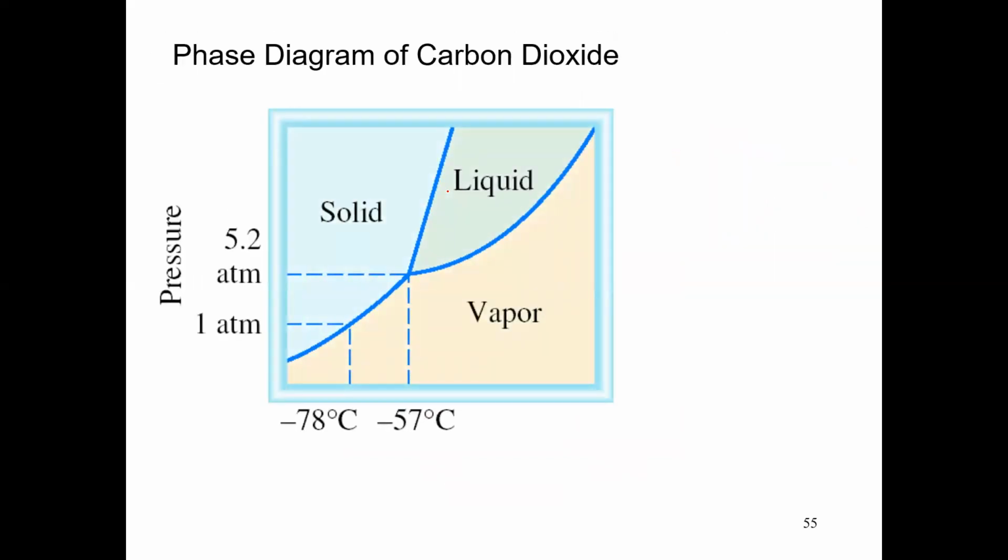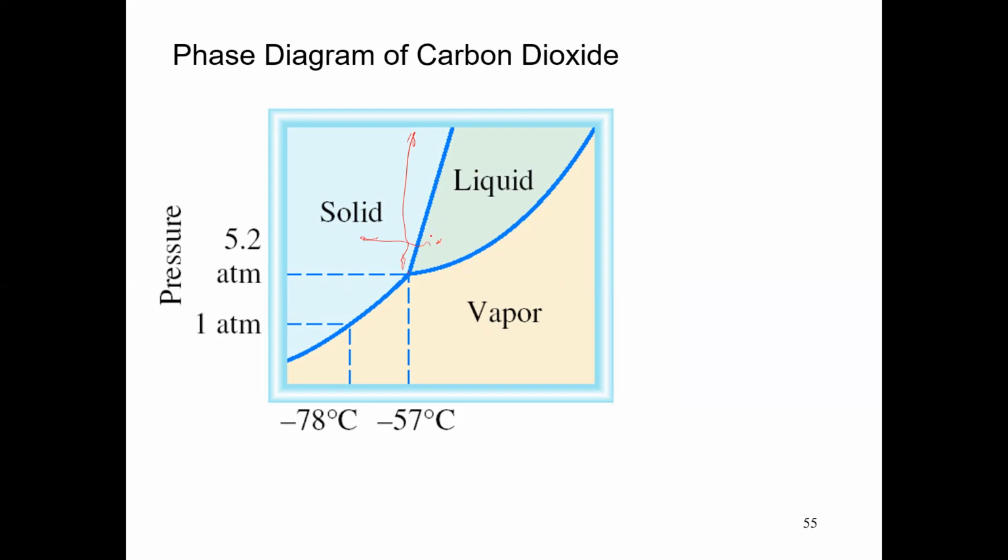Phase diagram of carbon dioxide, however: if you increase the temperature here, vapor goes to a solid. This is the vapor going to a solid here. With dry ice, if you increase the pressure, it will remain a solid. Whereas here, if you have a liquid at this point and drop the temperature, it'll go to a solid.